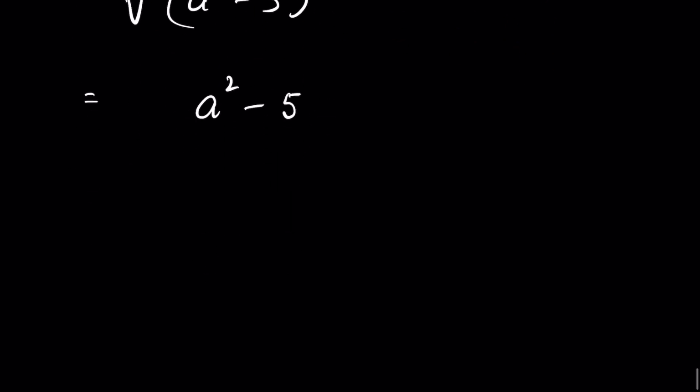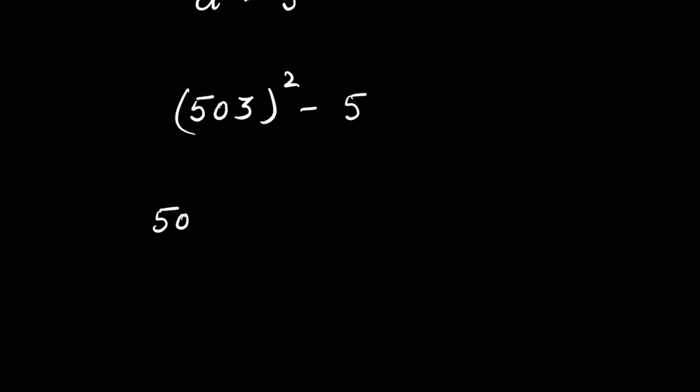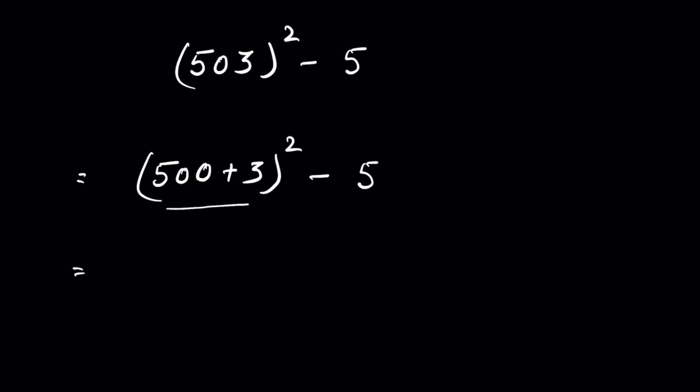Now let's put the value of a here: 503 whole square minus 5. Now again you can expand 503 as 500 plus 3 whole square minus 5. Now this is in the form of a plus b whole square.